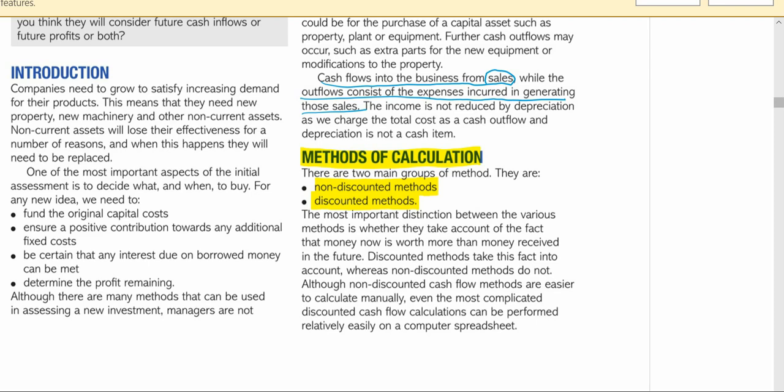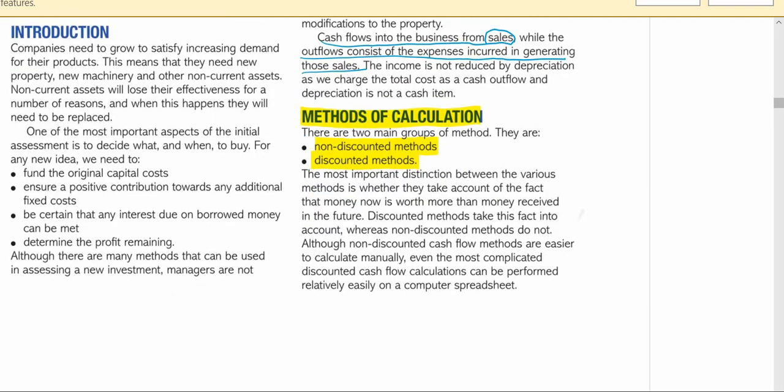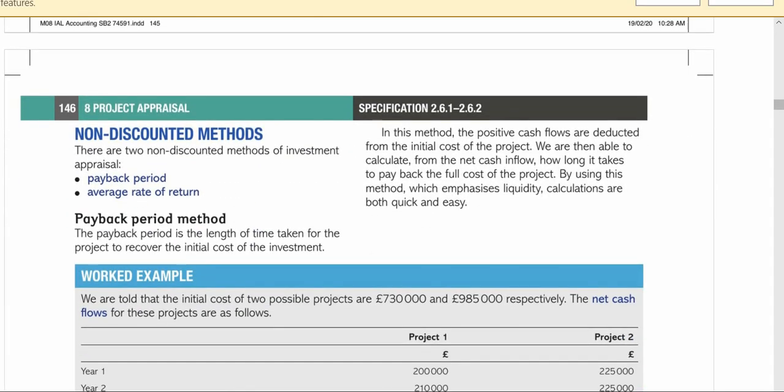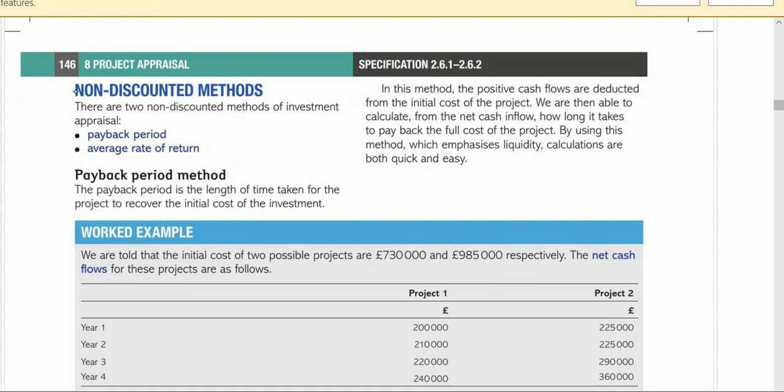Let's discuss one by one. First of all, in this class today we will discuss the non-discounting method. What is discounting? We will discuss that in the next class. Non-discounting method means we will never discount the future cash flows.